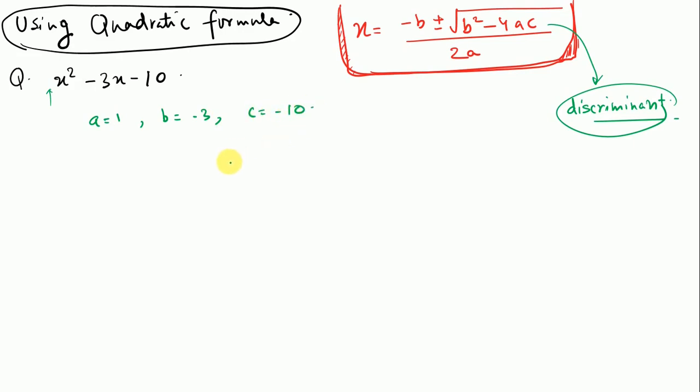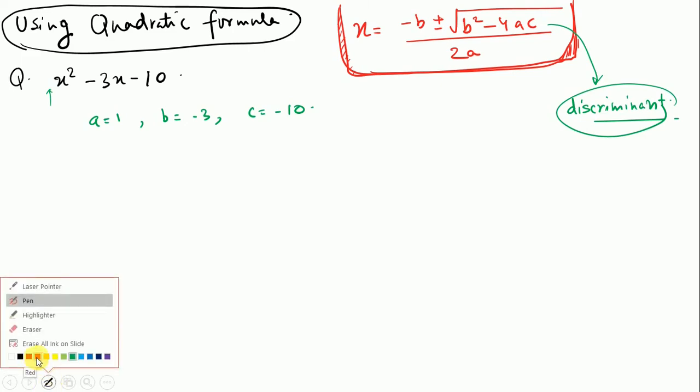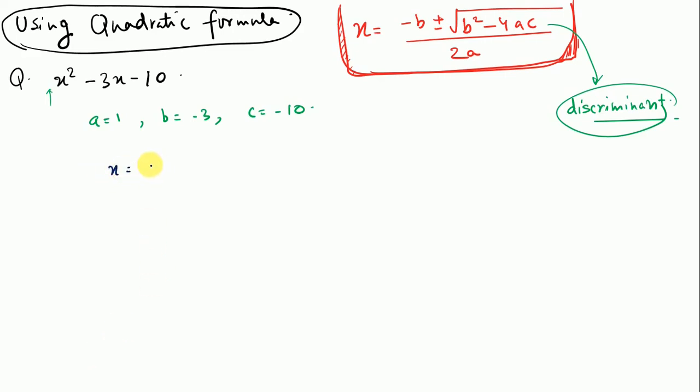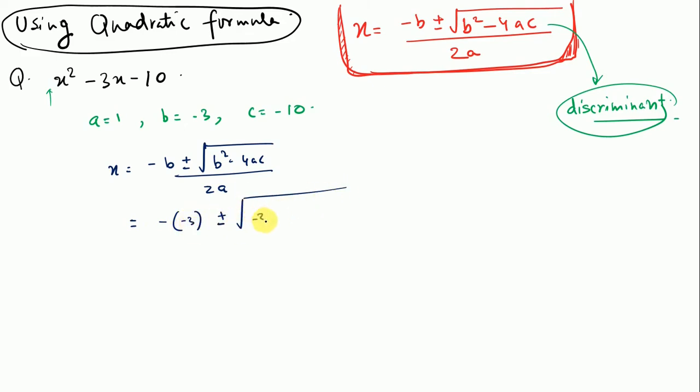Now, as our formula suggests, x equals minus b plus minus root over b square minus 4ac by 2a. You simply put in the values. So this will be minus of minus 3 plus minus root over minus 3 square minus 4 into 1 into minus 10, by 2 into 1.